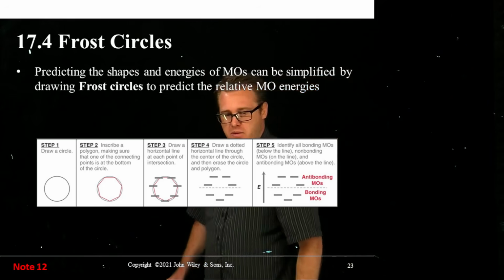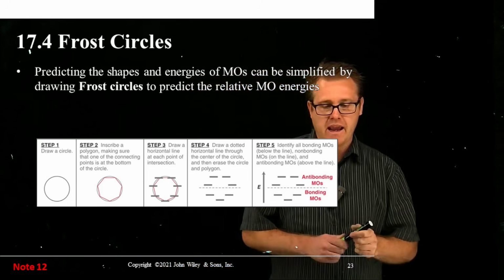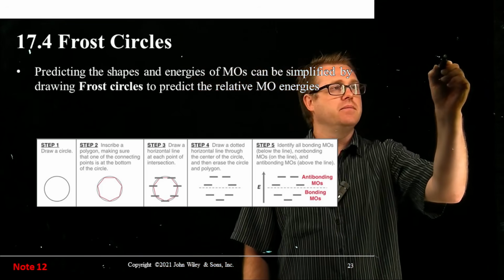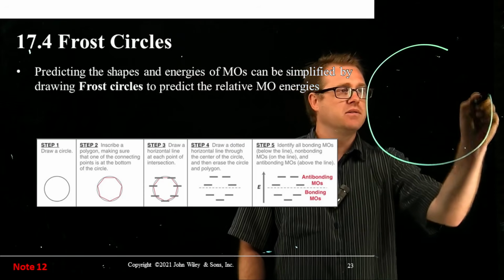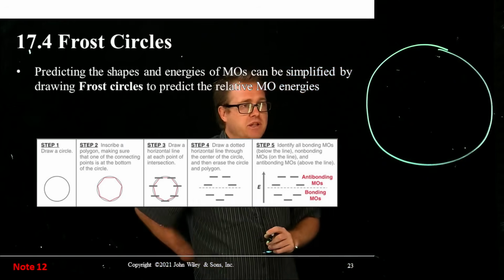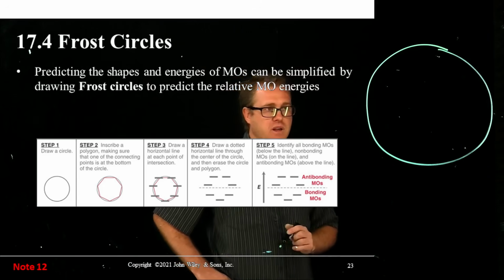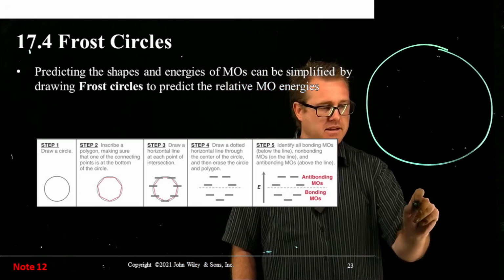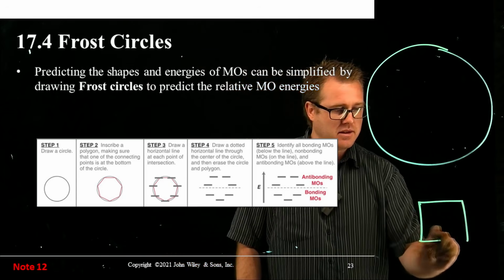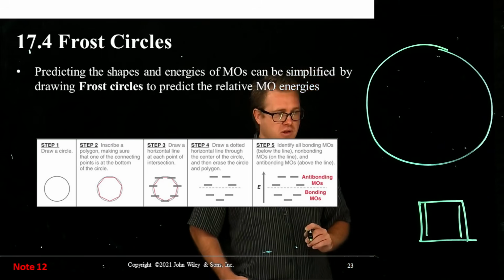Okay? So when you look at the steps here, it tells you to draw a circle. So if we draw ourselves a circle right there. And then step 2 says you need to put in your molecule. So if I want to look at cyclobutadiene, I need to place that into the circle.